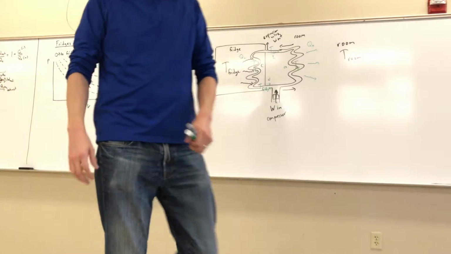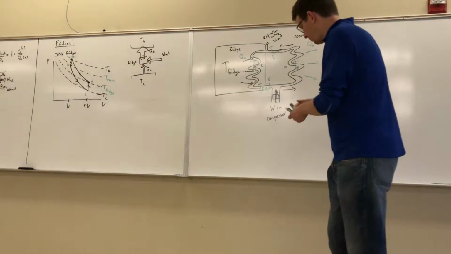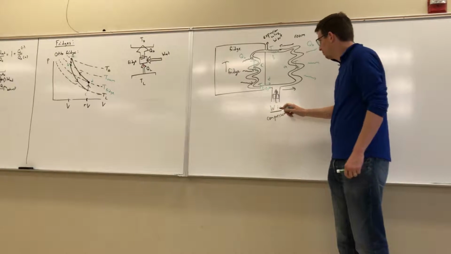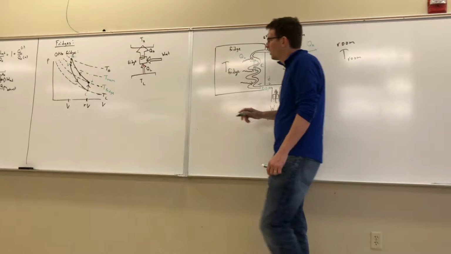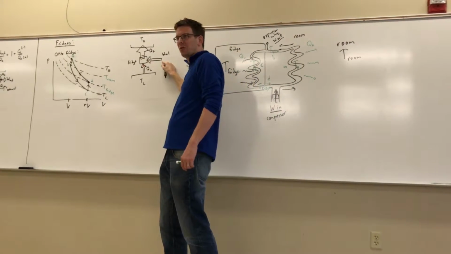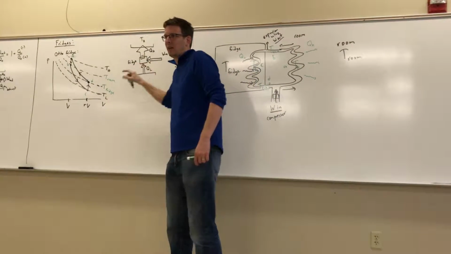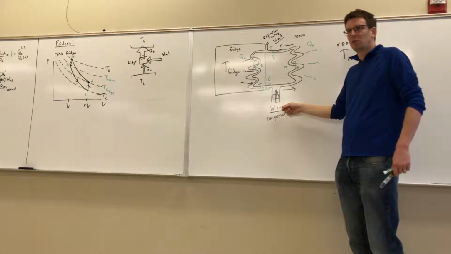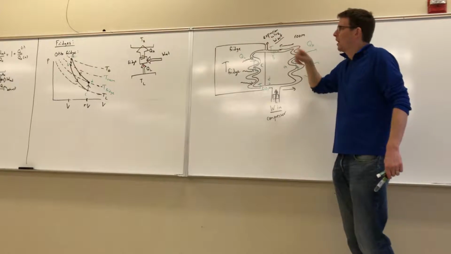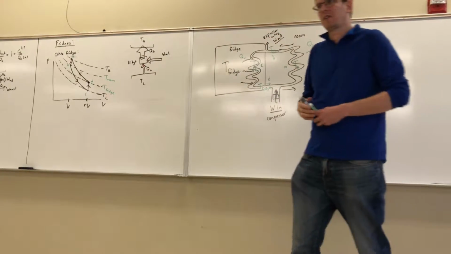So that's how it works. And it turns out, when you compare the work that you have to put in and the work you have to take out, it ends up being, of course, that you have to put more in than you get out. Okay? So you have to end up putting in more work in the compressor than comes out in the expansion valve. Okay?